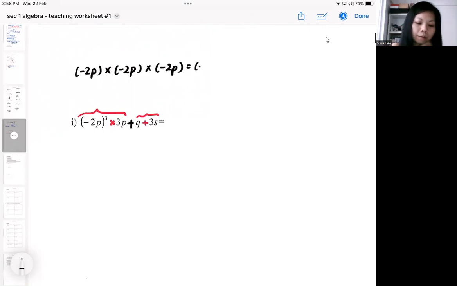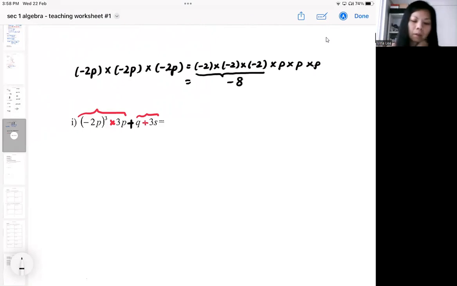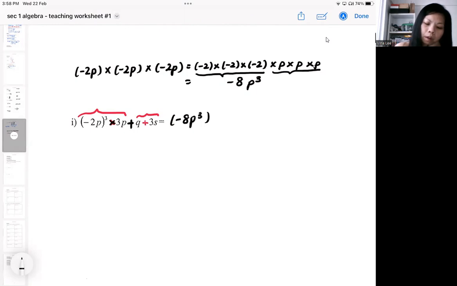So it's actually rather confusing. So maybe you want to organize them a little bit. After you organize them a little bit, by now you should be able to process this multiplication. This multiplication, if you process it, will be a -8, and this will be a p cube. Okay, so I'm going to process the multiplication. So I will have -8p cubed times 3p plus the divide.